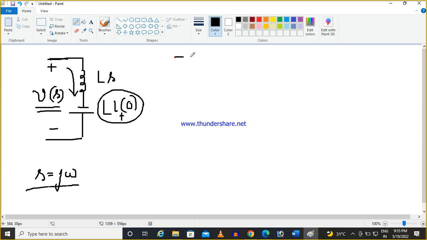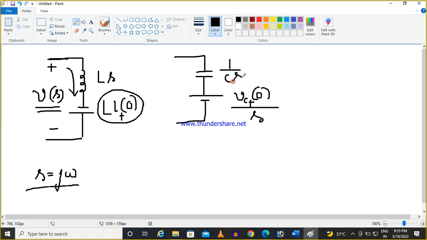But in case of a capacitor, say this is your capacitor, due to the initial voltage, this will be Vc0 plus, the initial voltage of the capacitor, divided by S, and this impedance is 1 by Cs, and this is your source voltage.